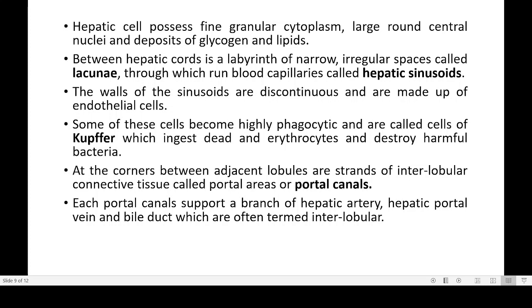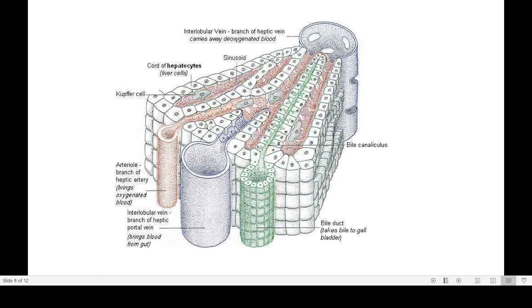Some of the cells become phagocytic and are called cells of Kupffer. Here you can see some of these cells. So in the red colored portion known as sinusoid, we can find some phagocytic cells. These phagocytic cells present in the sinusoids are known as Kupffer cells.